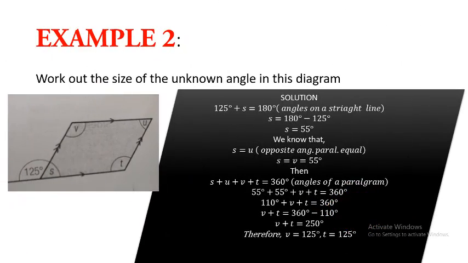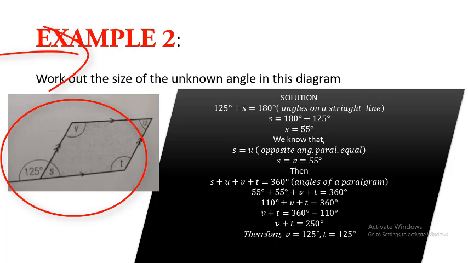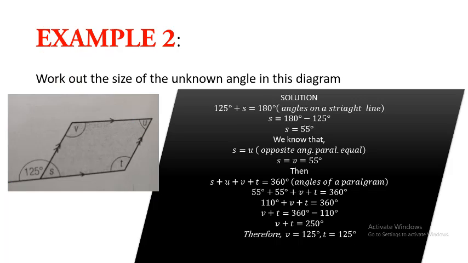Here we have example 2. The example says work out the size of the unknown angle in this diagram. Now here we have another diagram, but this one is different from the first one. If we check the diagram, we see that the diagram is a parallelogram, and the property says opposite angles of a parallelogram are equal.